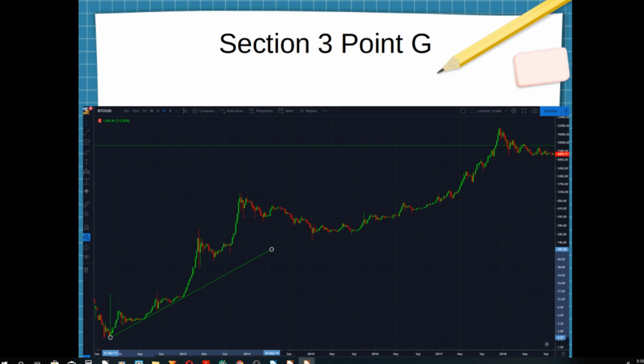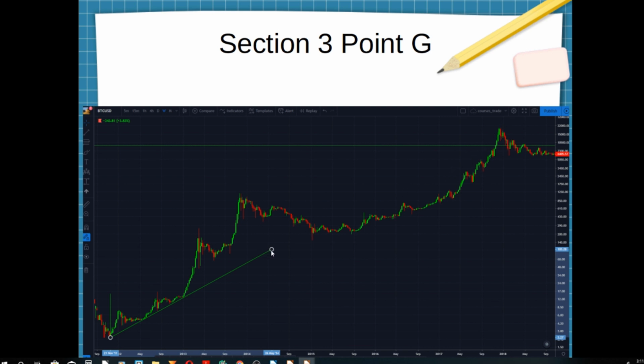And then when we use the extended trend line, have you ever thought about the fact that maybe it was possible to get an idea of where this bull market would end, when Bitcoin was around $20 and something thousand?